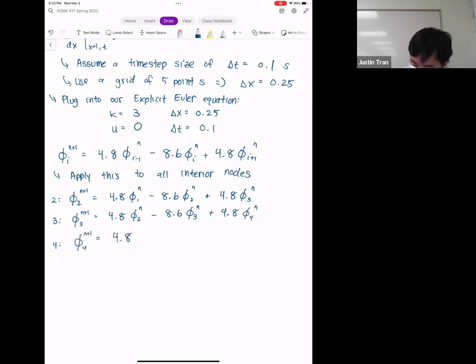I'm just going to fill in the rest of them as well. And so those are the time marching equations for nodes 2, 3, and 4.